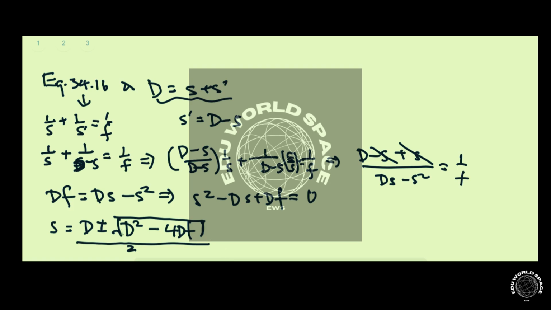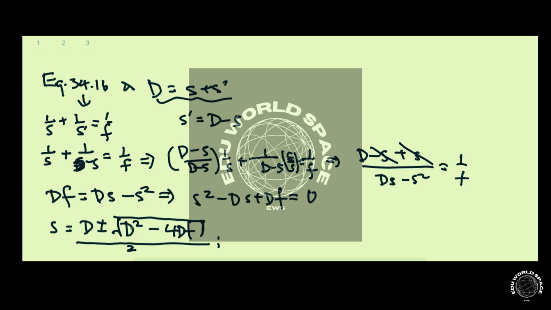Now, the important bit here is basically what's happening under the square root. So we want to determine what value of d will still give us an image, right? So to the right of where the screen is. So we need to figure out what's going on with d in terms of f.